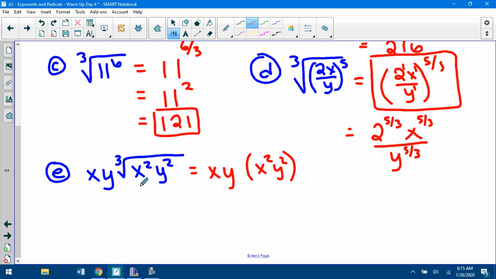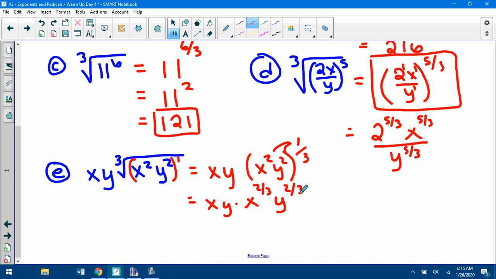Well, there are powers inside here. They both happen to be 2's. The root is 3, so for sure the denominator is going to be 3. But technically, this whole inside is being raised to the first power. It's not being shown. So I just say the 1/3 initially, because I've already got the squareds in here. But then I would need to distribute the exponent. So this is xy times x to the 2/3, y to the 2/3.